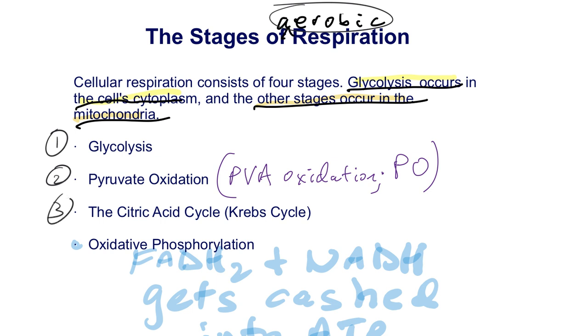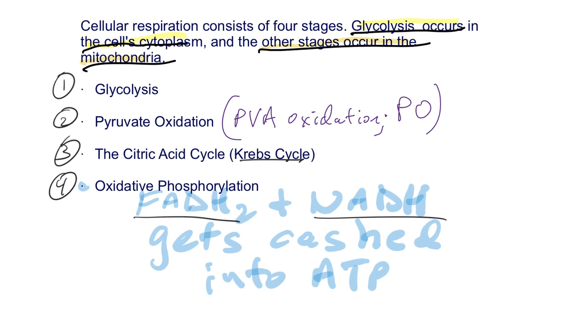The Krebs cycle, not to be confused with the Calvin cycle. And then oxidative phosphorylation, which is electron transport chains where FADH2 and NADH give their energy to ADP to make a bunch of ATP. So each of those stages we're going to talk about.